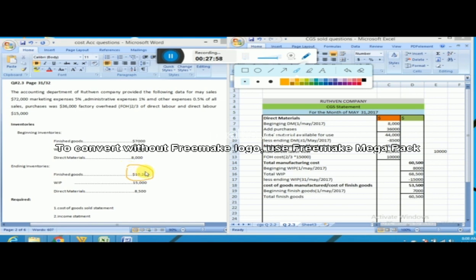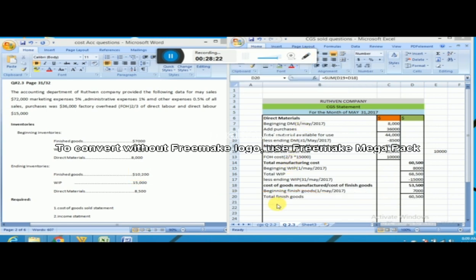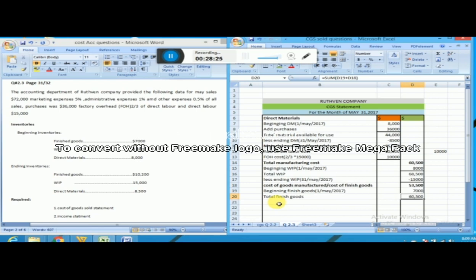So what we will do, we will subtract this from the total finished goods. Why? We need to find out how much cost of finished goods we sold. I need the exact cost of the sales of the goods. So this is the total finished goods, and if we look, yes, the 10,200 in the question are left, so we will subtract this one.